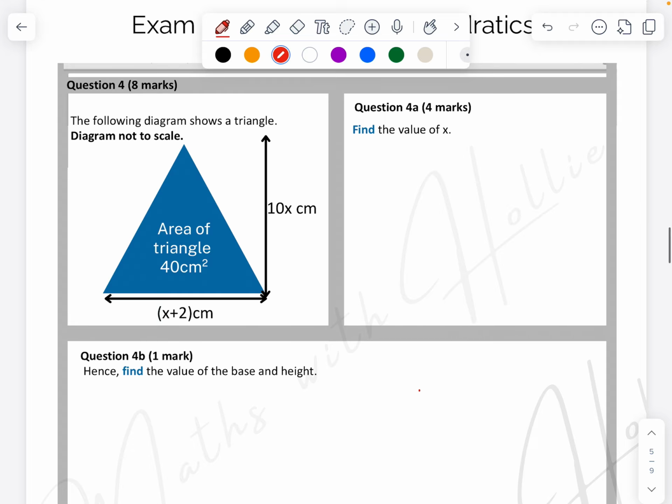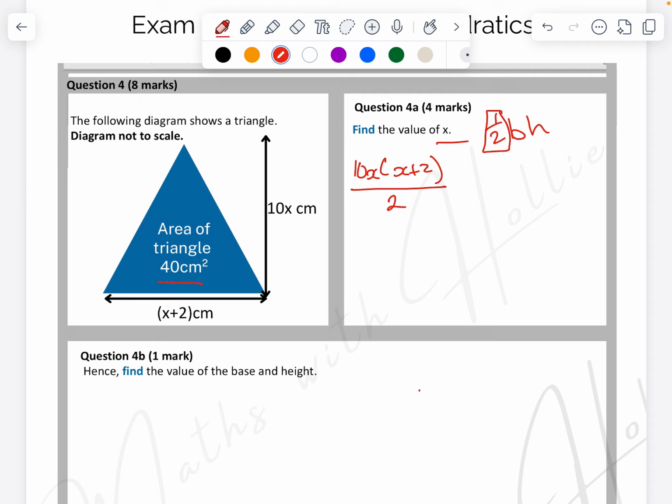Okay, right, let's move on to the next question then. So here we have a triangle, and it tells me the area is 40, and the question at the side says, can we work out the value of x? Okay, so I know the area of a triangle is a half base times height. So my base in this question and my height, 10x and x plus 2, and I need to just divide that by 2.